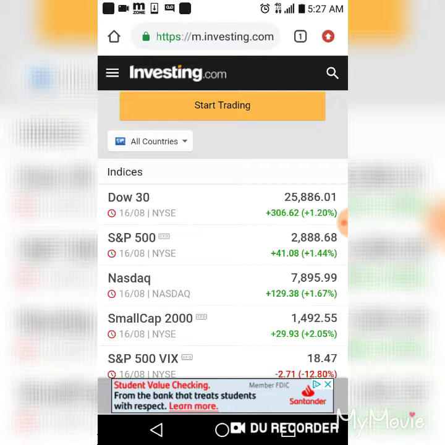So if we look at a longer term chart, I have to start pulling those up. If we look at a longer term chart, we're currently in a near term downtrend.